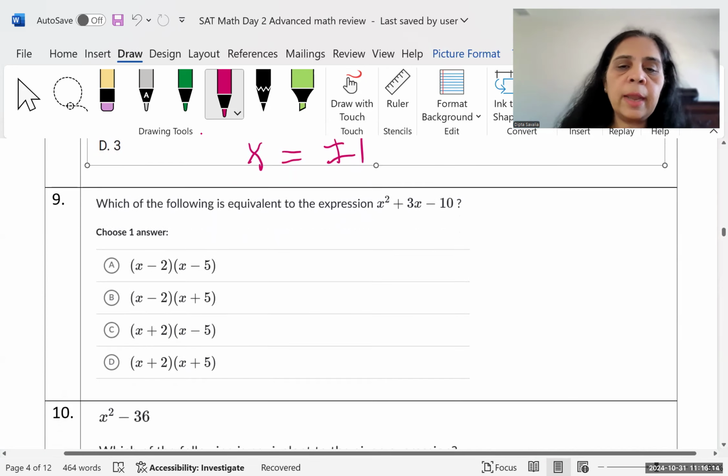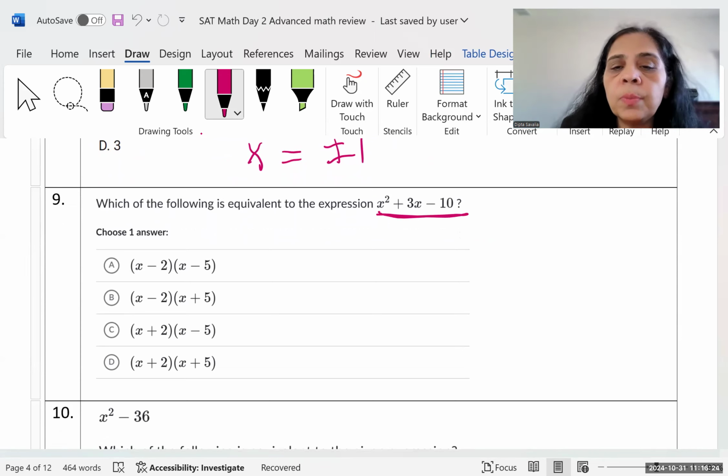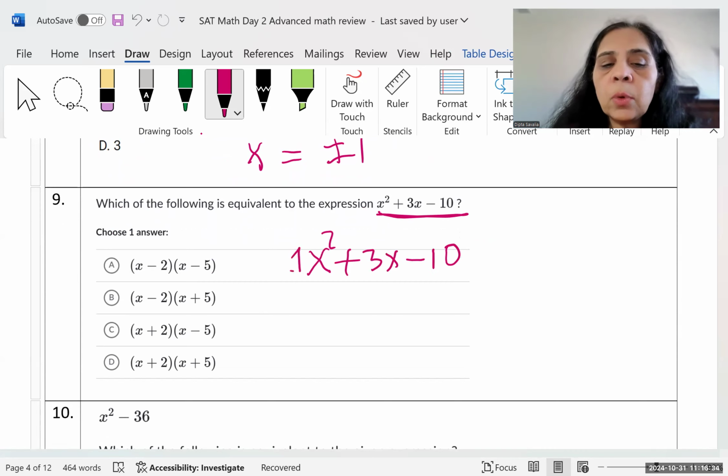All right, number 9. Which of the following is equivalent to the expression? We have all these options. They give you just the factor form. So this one is just a simple one. We can find the factors here: x squared plus 3x minus 10. We can see the x squared coefficient is 1 and we have a trinomial.